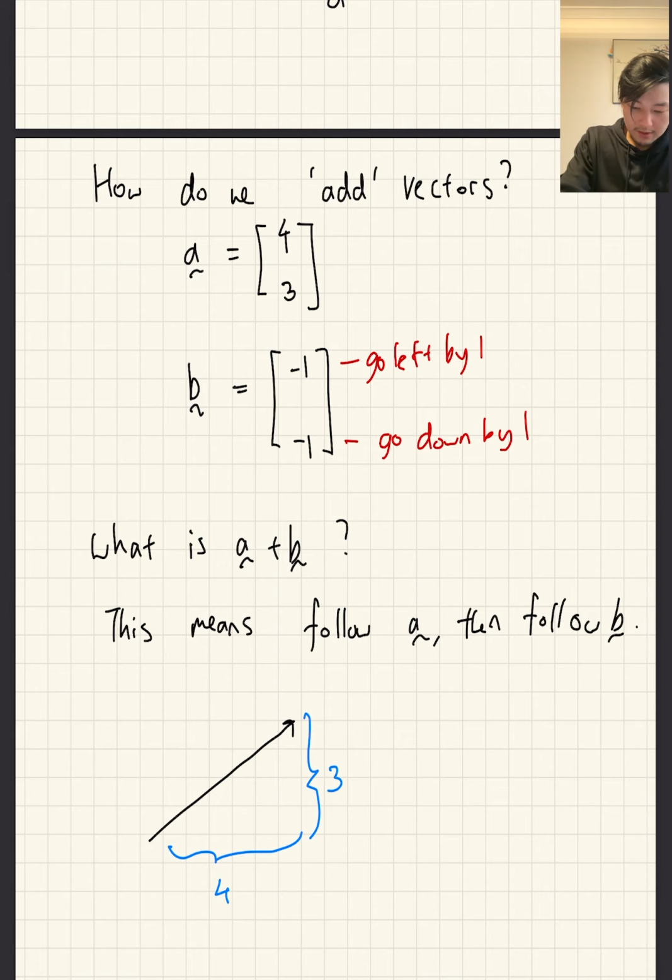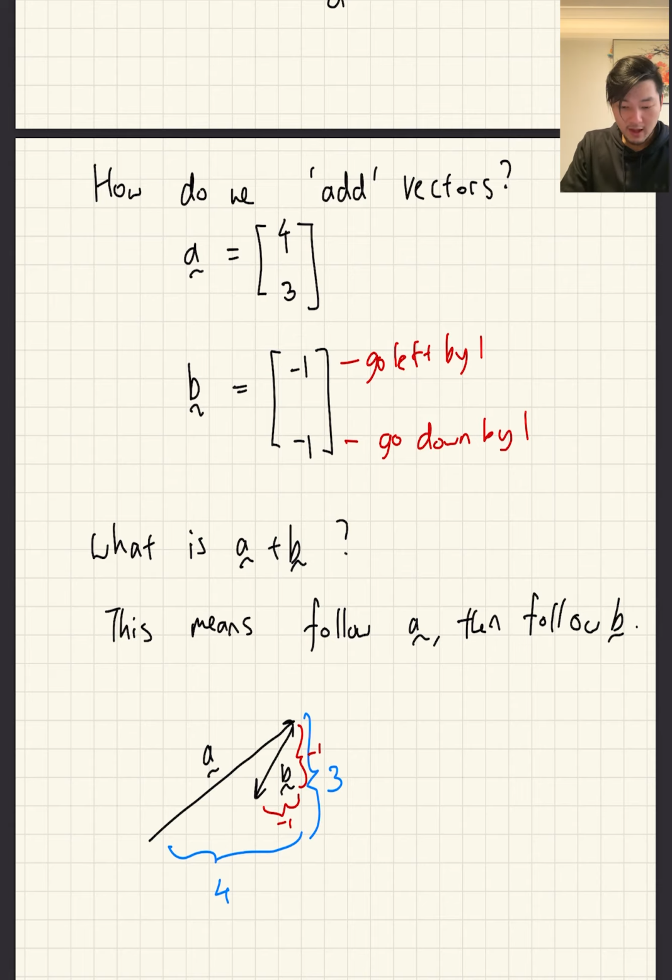Once we have done that, we follow b. So this is a, and then we go left by 1 and down by 1. So maybe it's like this, b, and we'll do -1 and -1. So we end up here.